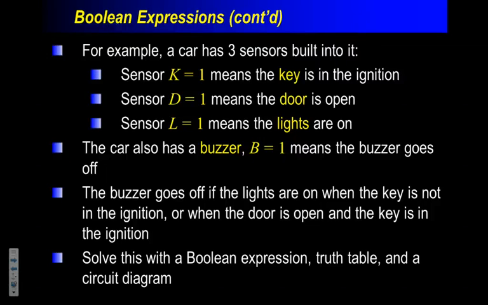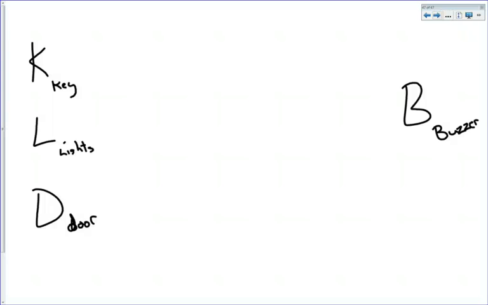The buzzer goes if the lights are on, but not just if the lights are on, when the key is not in the ignition. Okay, so let's see if we can write that in. So if this is a 1, but the key is a 0, right? So how would I write that? So it's only if there's a 1. So will the buzzer go on if the key is a 1?